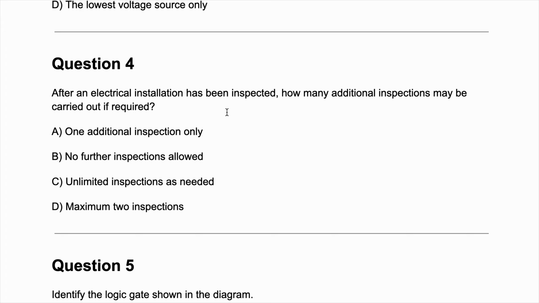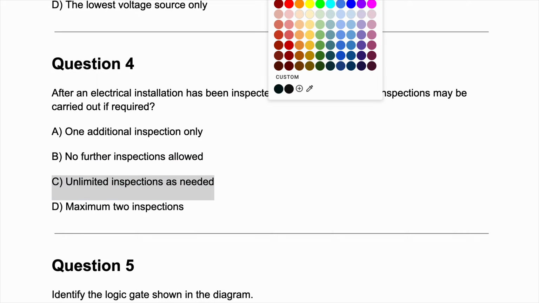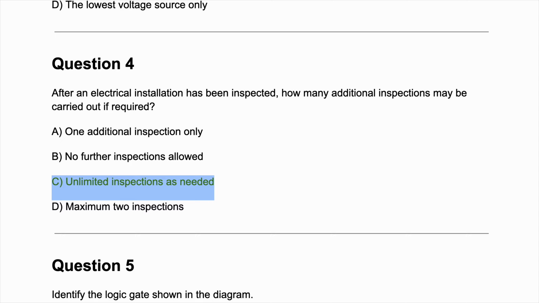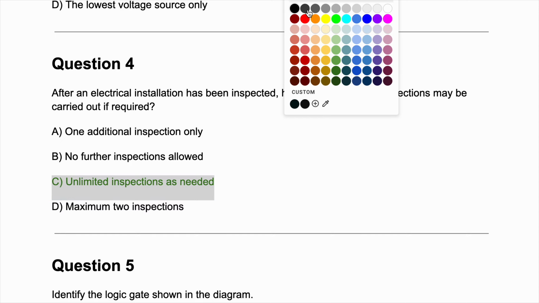So how many times can he do it? As many times as needed, as long as the problem is fixed. One additional inspection only? No. No further inspections allowed? No. Unlimited inspections as needed. We need to follow the instructions of the inspector and fix them.